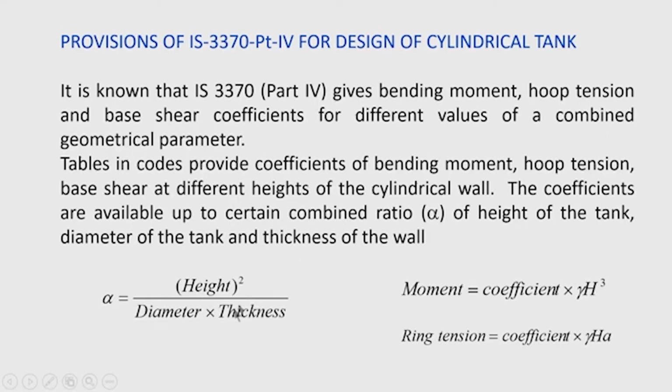However, using the general theory, the coefficients can be generated for different values of alpha also. Once the coefficients are known from the code, the moment is given by coefficient into gamma h cube, where h is the depth of water and it is a cubic quantity. Ring tension, that is the hoop tension developed, is nothing but coefficient into gamma d h.